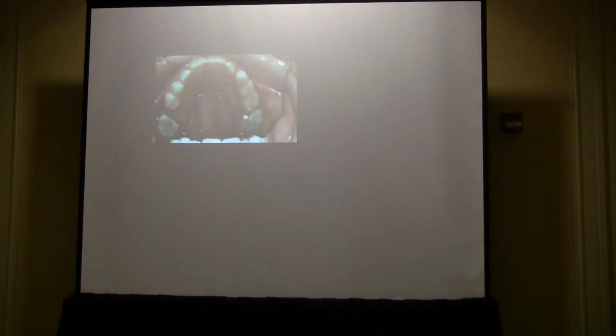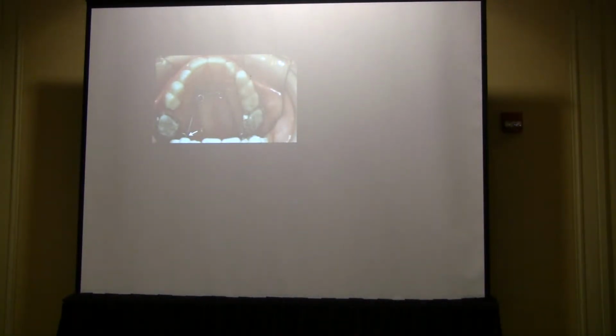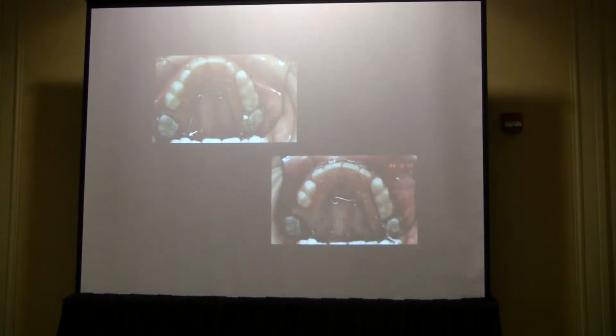Or perhaps the multifaceted quad helix with a closed posterior loop with unilateral rotation activation. And we'll regain the lost space very easy.